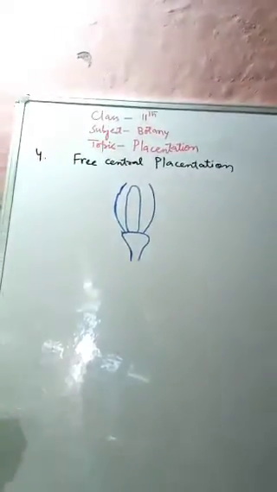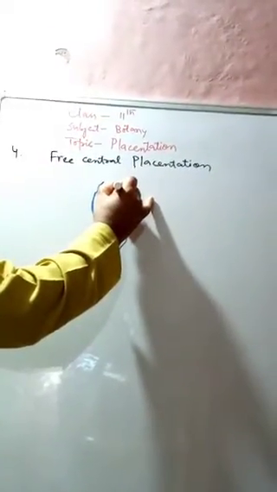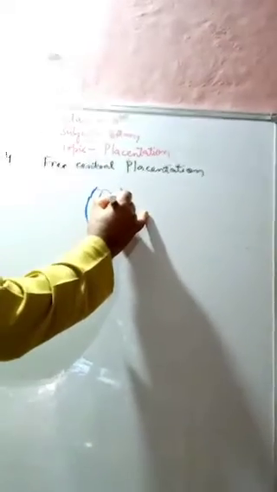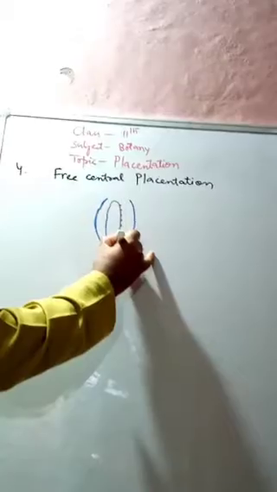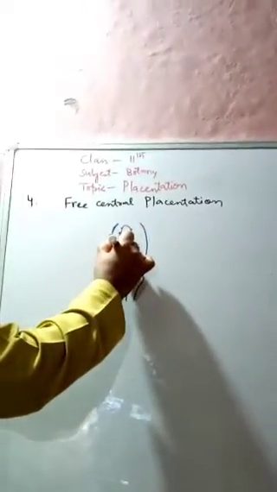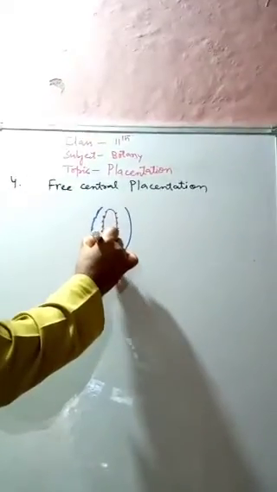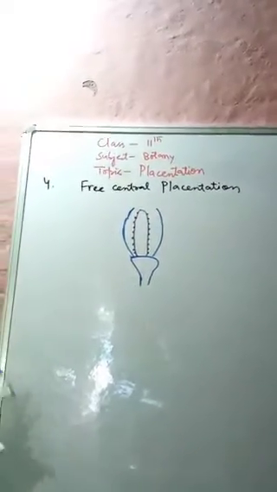It looks like a pillar in the center of the ovary, to which the ovules are attached. This is the placenta and these are the ovules. And we know that these ovules develop into the seeds.